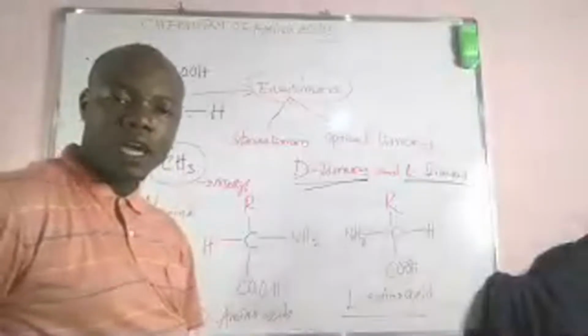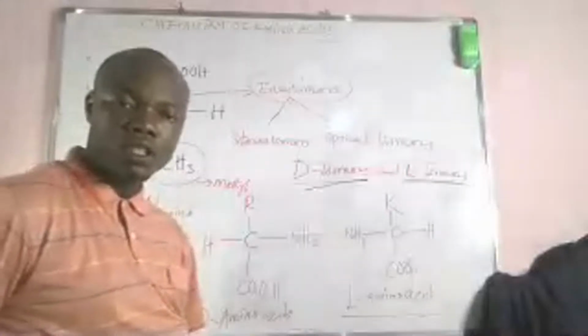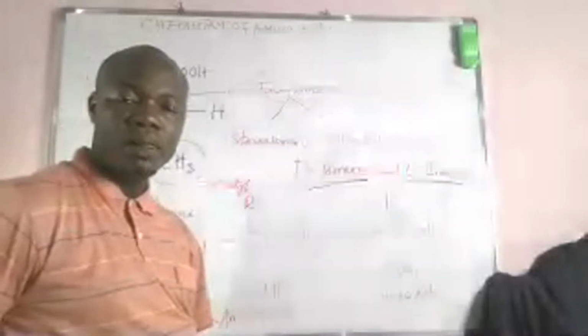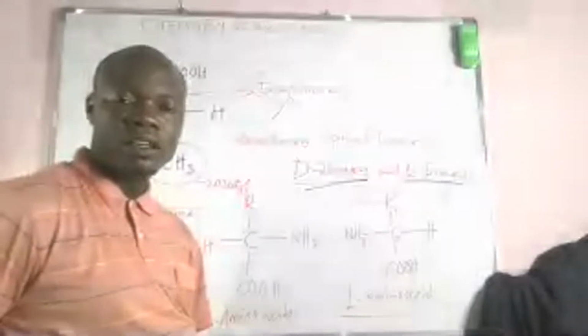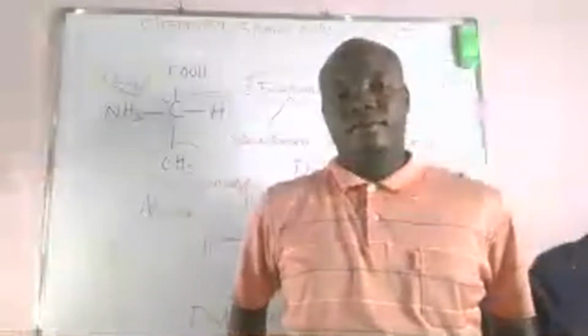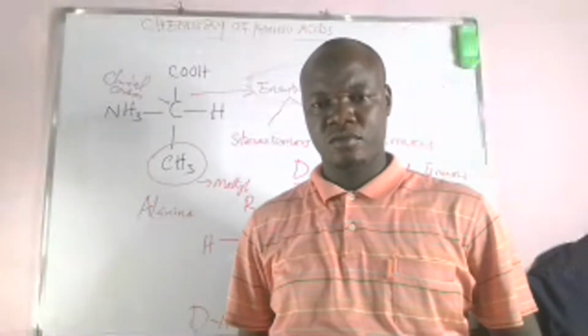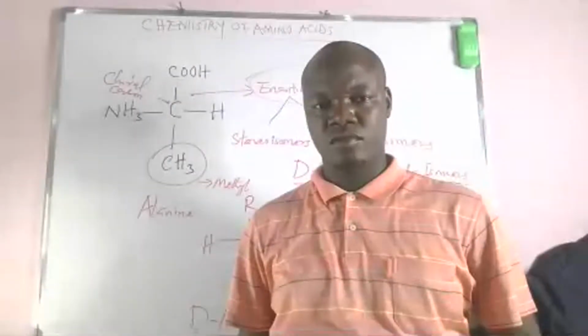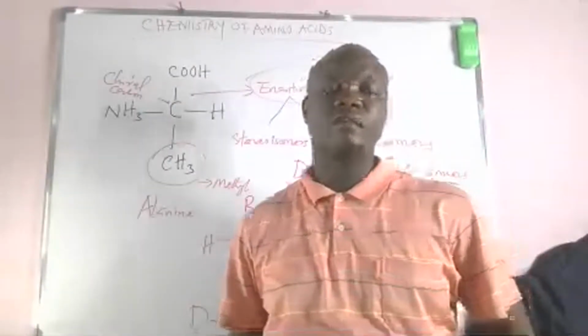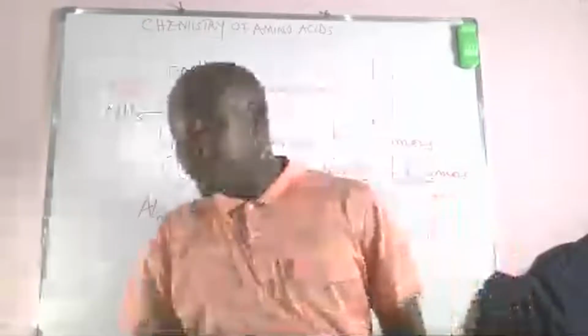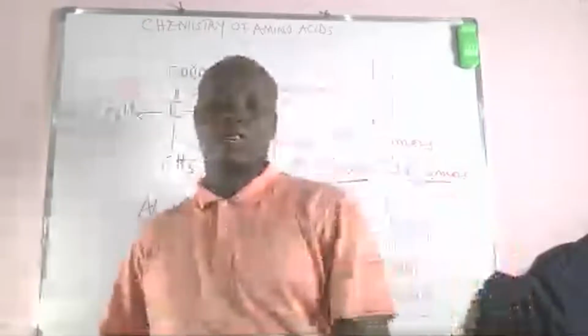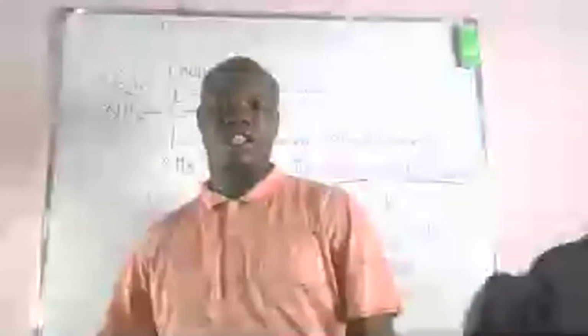Please, can you hear me and can you also see the board? So I think what we are going to do, if you cannot hear me and you cannot see the board, is we can pass.